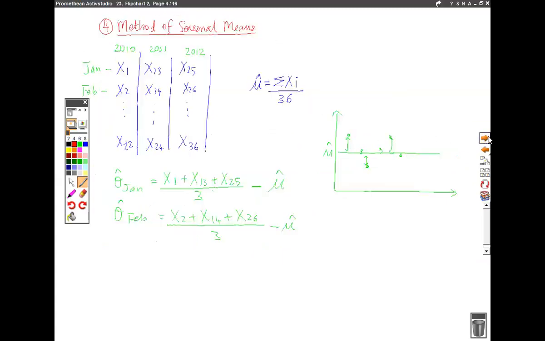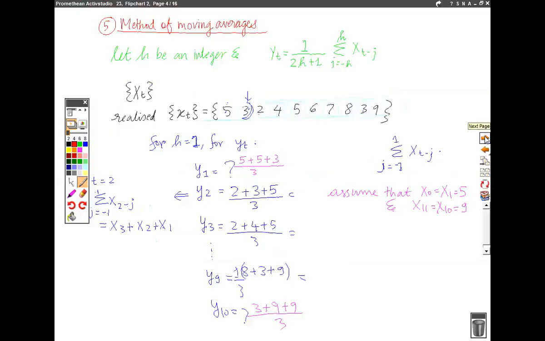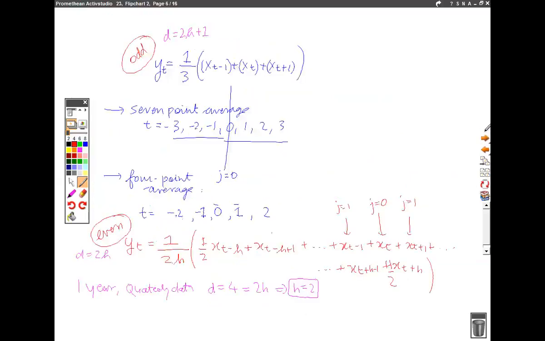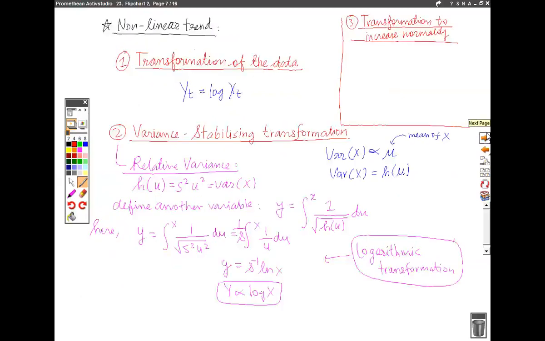The next method was the method of seasonal means, where you try to average out the effect of all of these variables. And the last one was the method of moving averages. So these were the methods used for removing a linear trend. And if you have a non-linear trend, you can resort to either a transformation of the data, or you can use a variance stabilizing transformation, which could lead to the same conclusion.